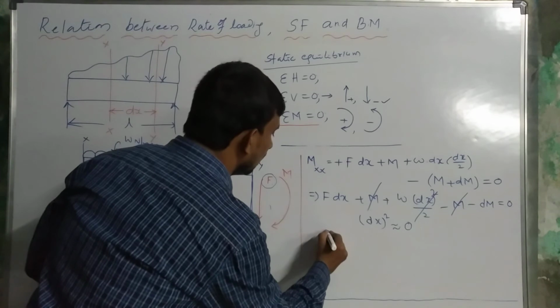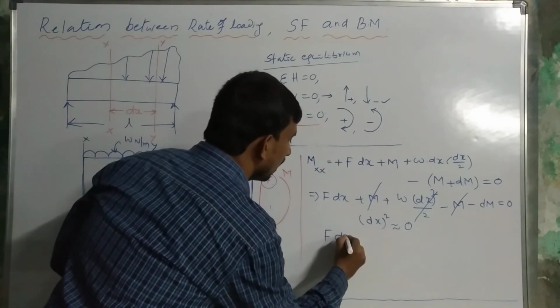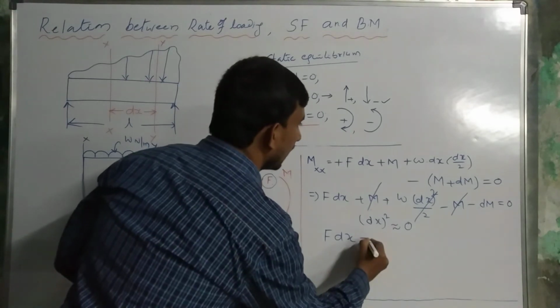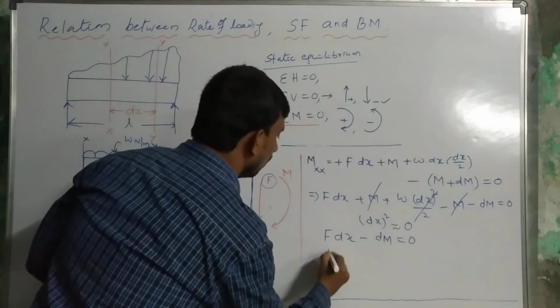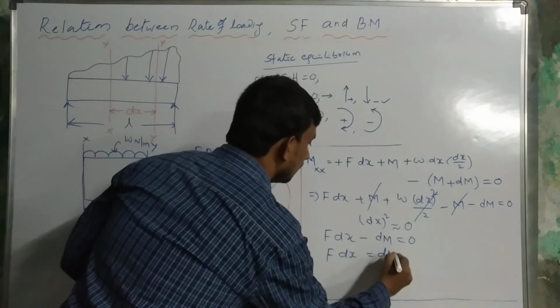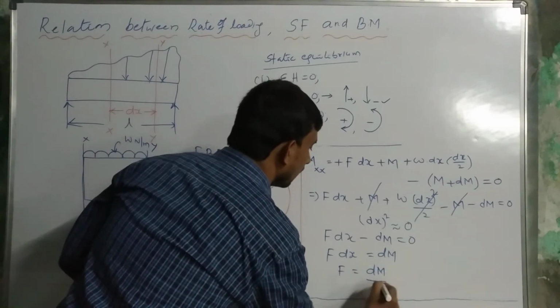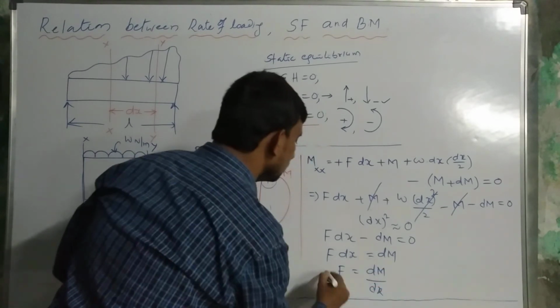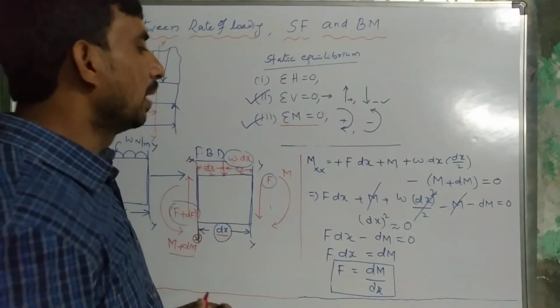Finally, the terms left with us are F into dx minus dM equal to 0. If you simplify, we get F into dx equal to dM. From this, F equals dM by dx. So this is the relation between shear force and bending moment.